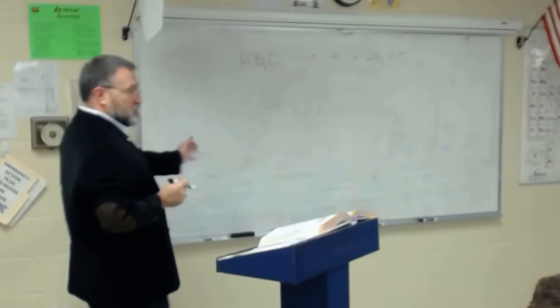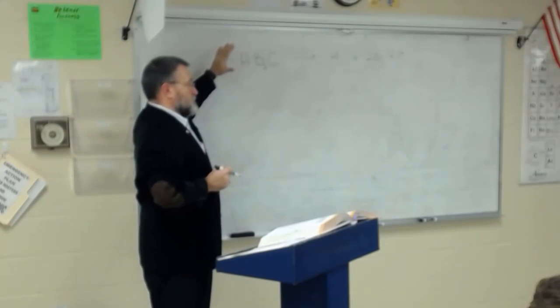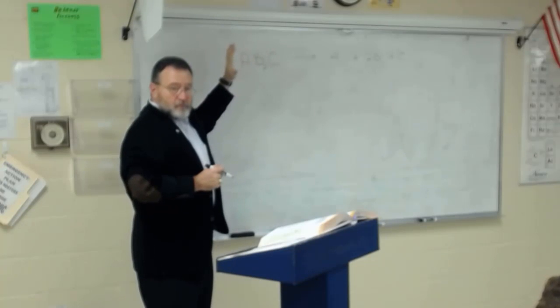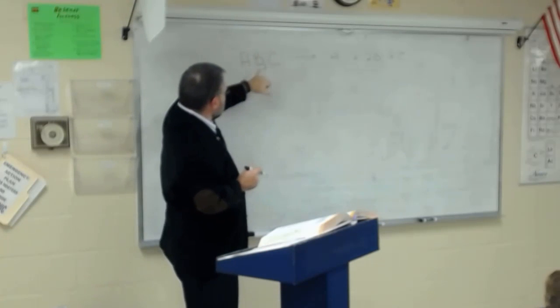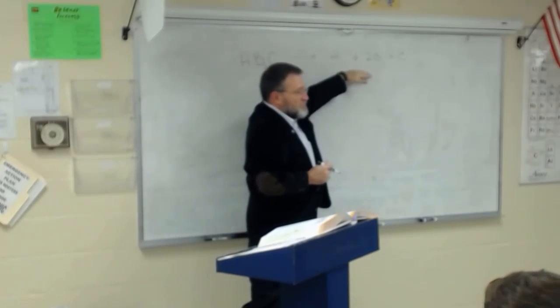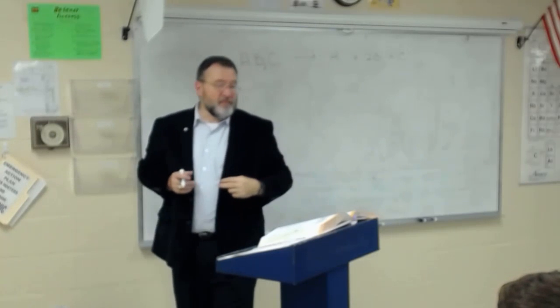So a compound, a molecule that's made up of 3 different elements with 1 of the first, 2 of the second, and 1 of the third, produces 3 individual elements.